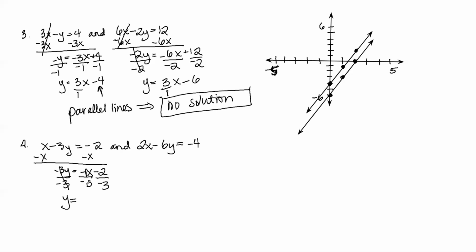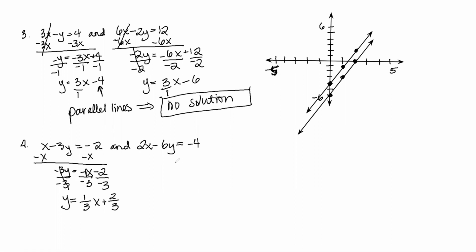Negative over a negative is a positive 1/3 x. Again, negative over a negative is a positive. And this one's just 2/3, so plus 2/3. It's going to be a little bit of a weird one to graph.